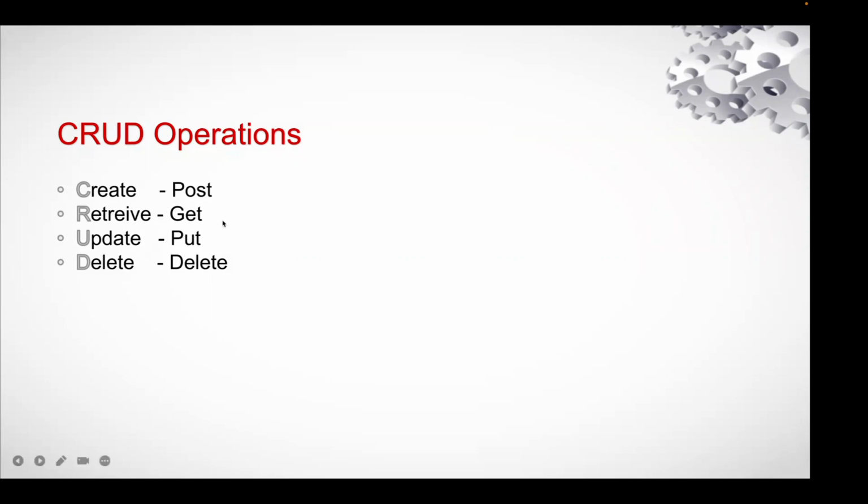And if you want to retrieve any data, as I said, we provide a few details and fetch all the details of trains on that particular date. That comes under the GET call.